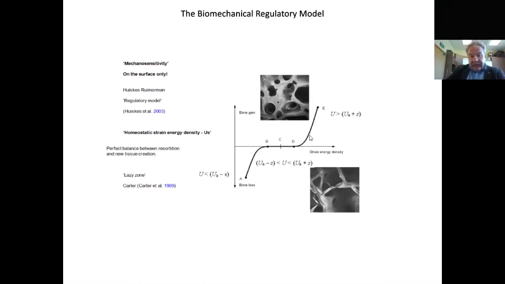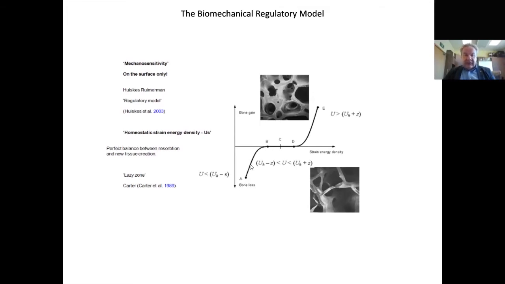We go back to this lazy zone because we have more dense bone, and with the higher stimulation we just go to the better area for the bone. And if the energy is lower than this lazy zone here, we will observe bone loss. So what does it mean?